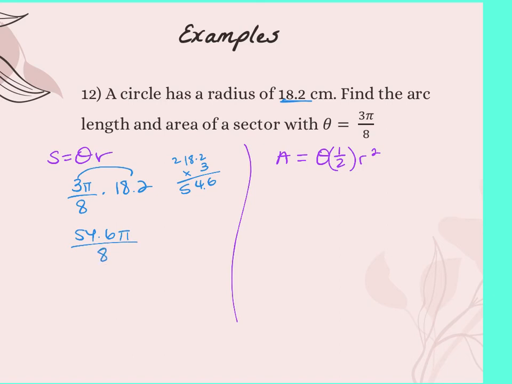With a calculator, I would actually multiply that out. So 54.6 times pi divided by 8. And I get 21.44. Oh, let me look and see. On the homework, it's 2 decimal places.